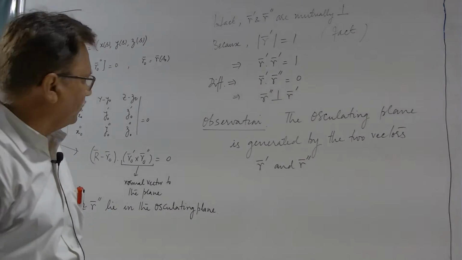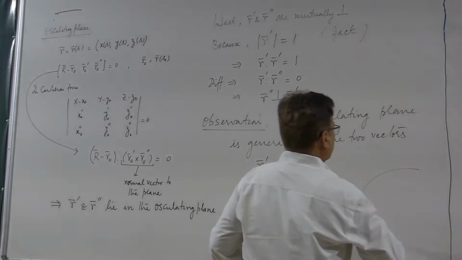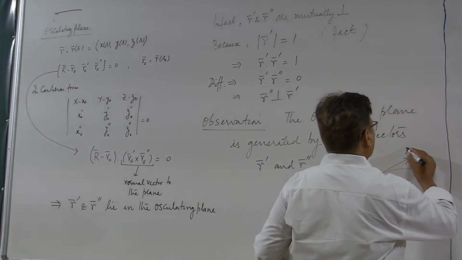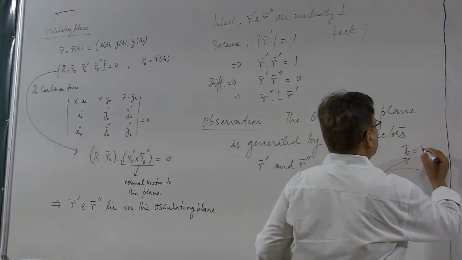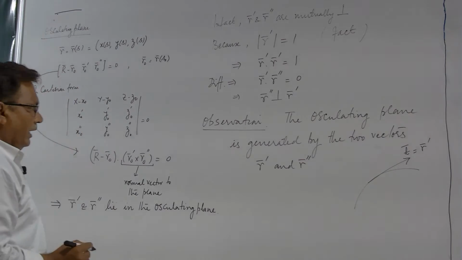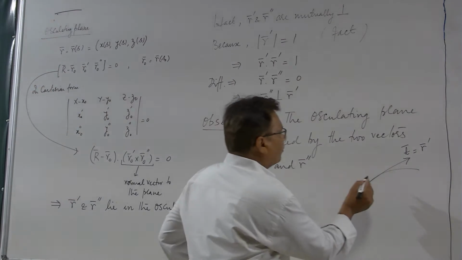All right. So, if you have a space curve like this, then r dash is actually the tangent, and the r double dash will be a vector perpendicular to it.